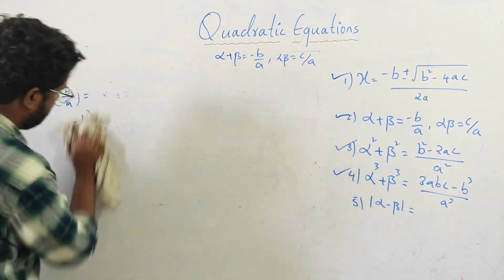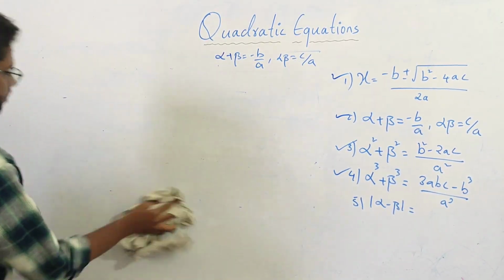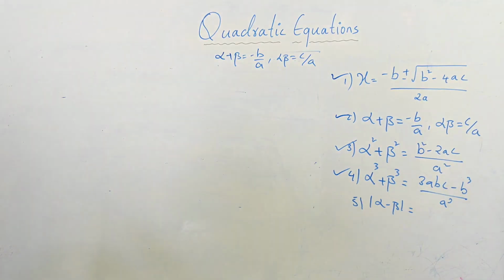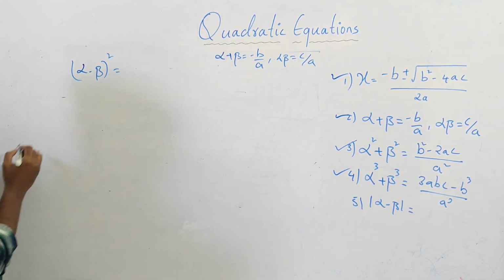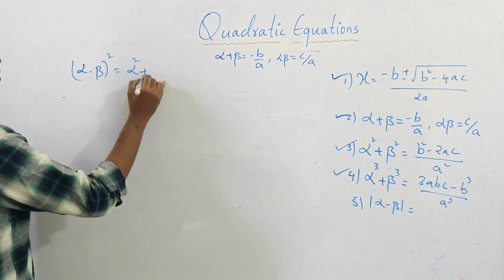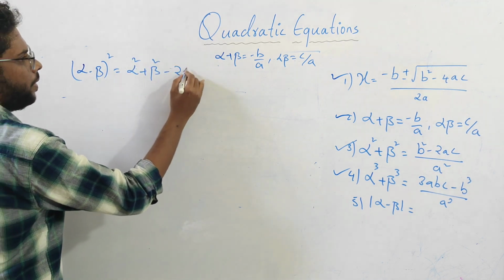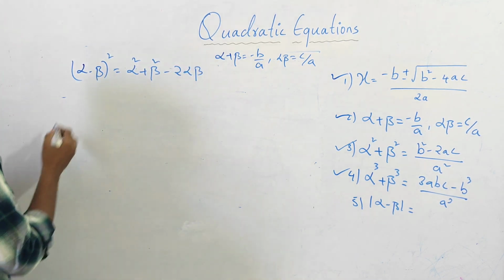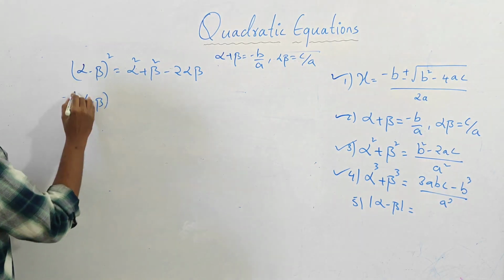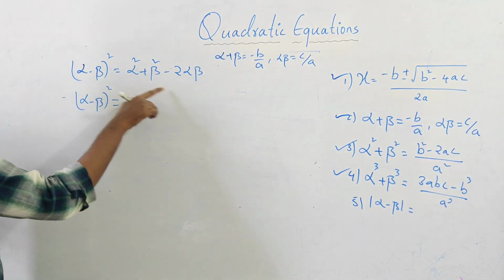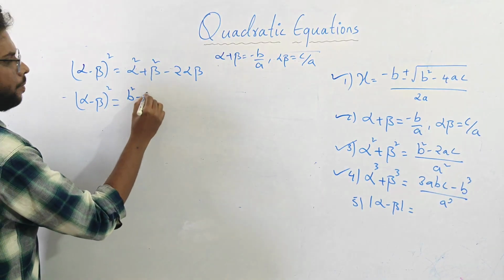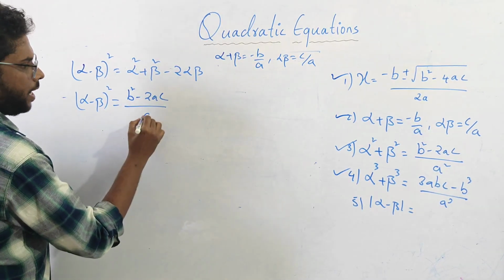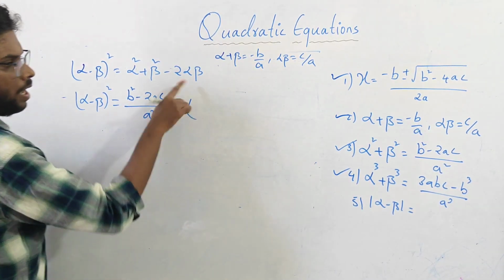First, what we will do is alpha minus beta. Can I write alpha minus beta whole square? That is nothing but alpha square plus beta square minus 2 alpha beta. From here, alpha minus beta whole square equals alpha square plus beta square, which we just got, (b square minus 2ac) by a square, minus 2 into alpha beta.